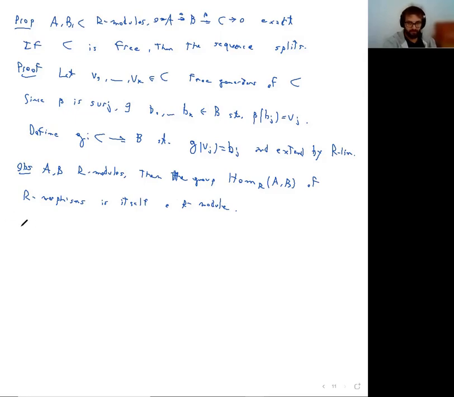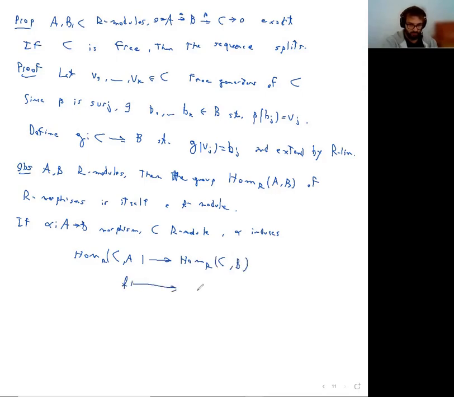And in particular, we have induced maps. So if we have alpha from A to B a morphism, and C is another R module, alpha induces the map from homomorphisms from C to A into homomorphisms from C to B, which simply takes an F and sends it to alpha composed with F. By post-composition it induces something, but also by pre-composition it does something, but now the arrows are reversed.